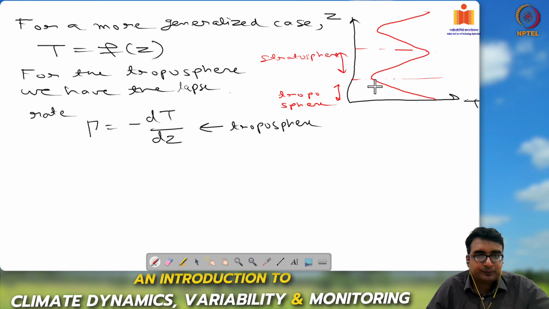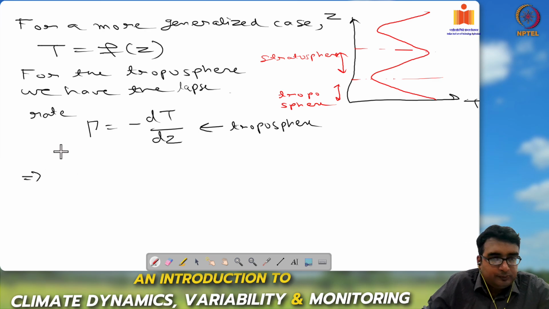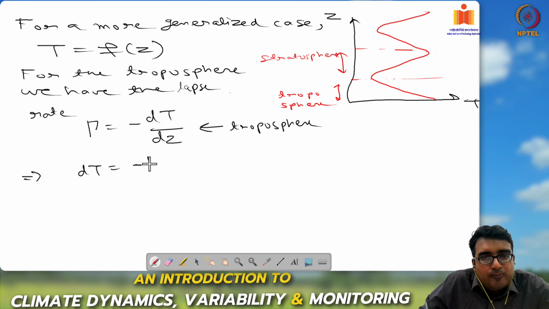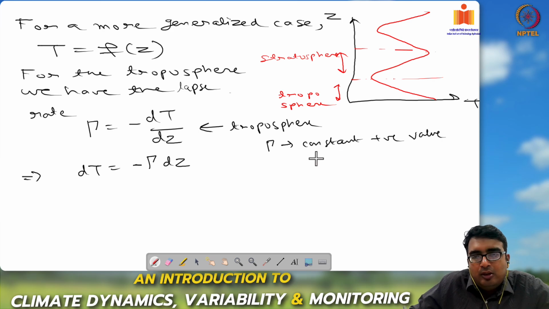So we have dT equals minus gamma dz, where gamma is a constant positive value for the troposphere.